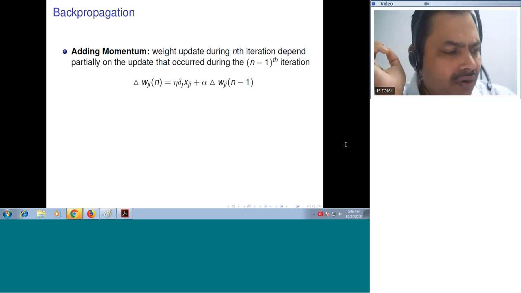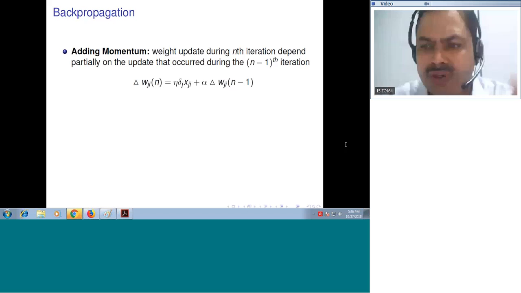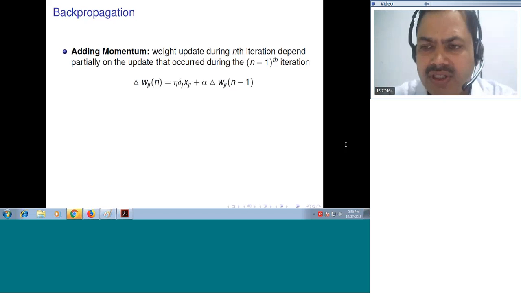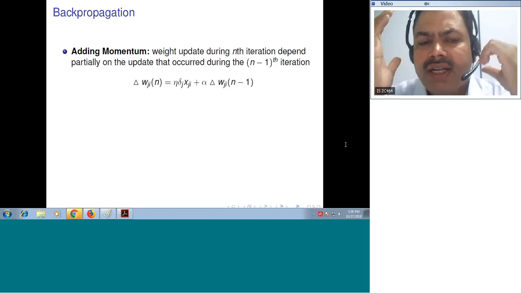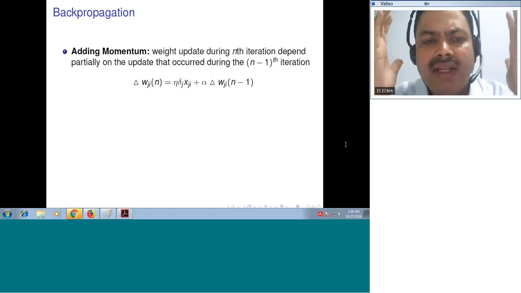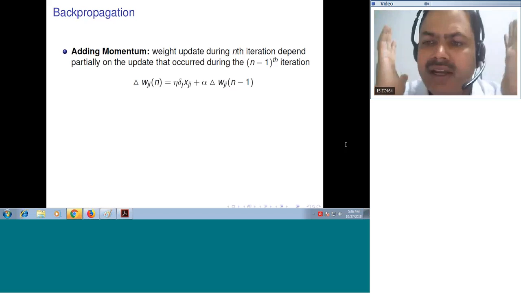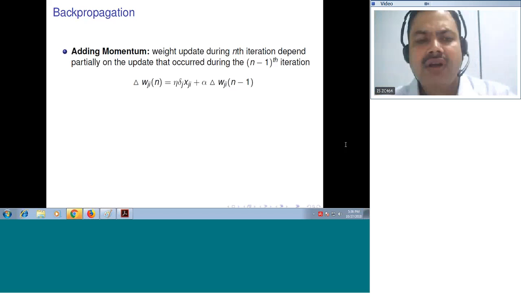Nobody is going to give you an example that you can solve by yourself, but you can know how you can solve. So you understand this part: given a neural network, how to find the appropriate weights. If you can find the appropriate weights, then it would be able to solve any of your problems.